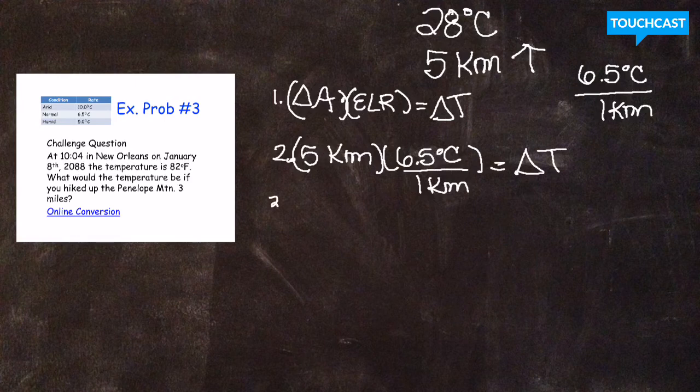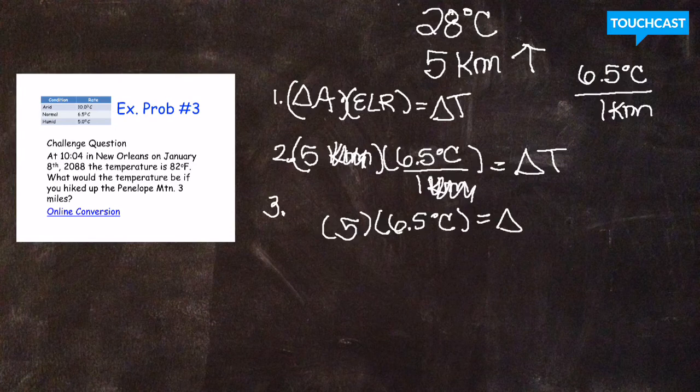So the next step, 3, plug and chug. So we get rid of kilometers, and we end up with 5 times 6.5 degrees Celsius equals the change in temperature. So that gives us 32.5 degrees Celsius equals the change in temperature.